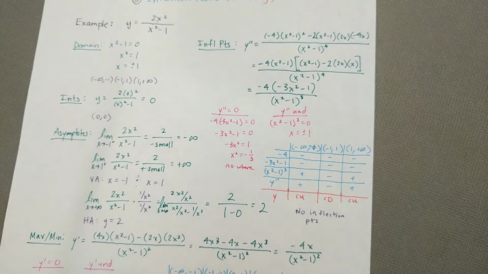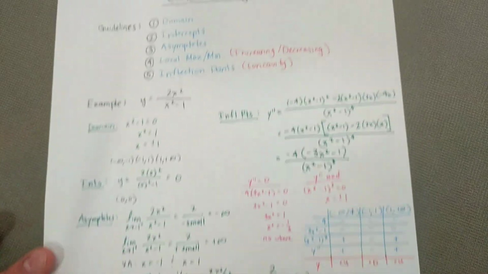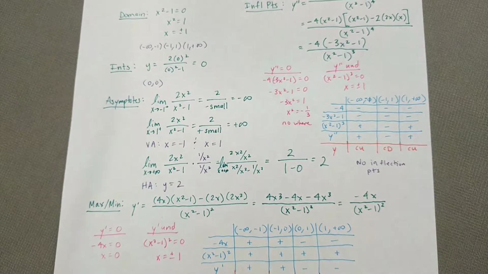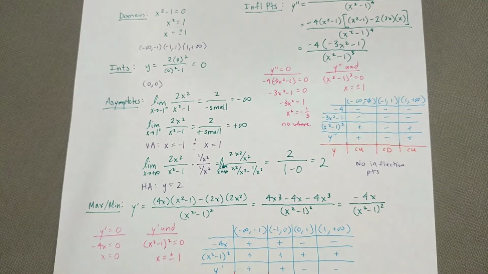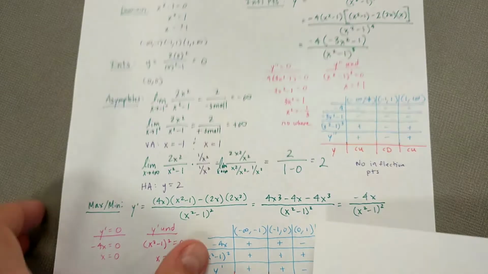Okay. So we've got all of our info here, and now we have to try to decipher what to do with it to help us graph it. So let me grab another piece of paper. And let's throw down some axes here.